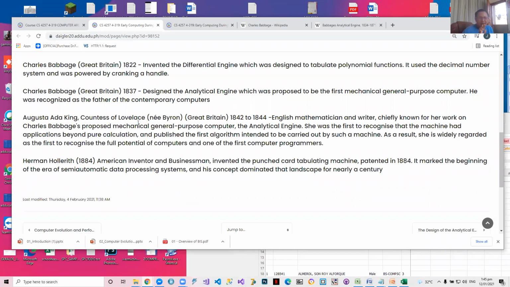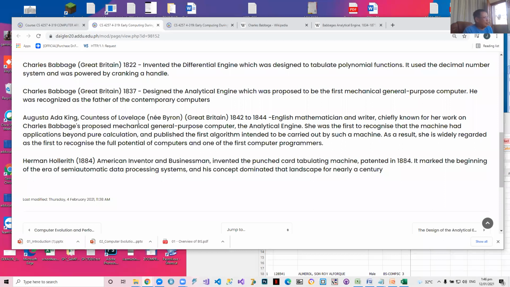There are two important figures during that time: Charles Babbage and Ada Lovelace, 1844. She's an English mathematician. She was also connected to Cambridge University. In fact, they were closely communicating with each other.